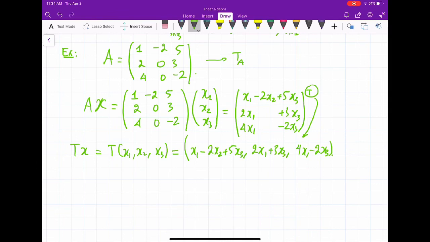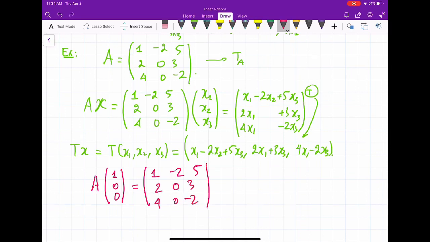Here I want to mention one thing. If you apply this linear transformation to the basic vectors in the standard basis of R3, what will we get? You apply A to (1, 0, 0).